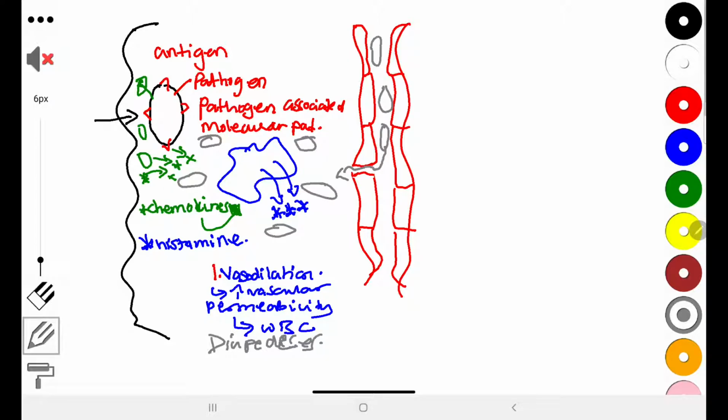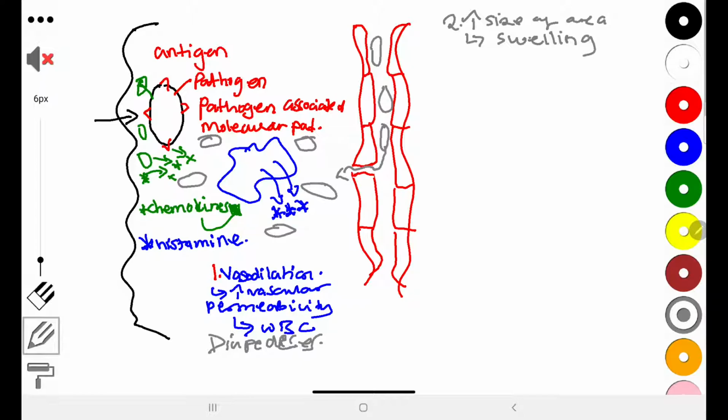Okay? And because of that, number two, the thing that we're going to note is that there will be an increase in size. So the white blood cells have gone to this area of inflammation, and you will notice that there will be an increase in the size of the area. An increase in the size of the area can also be known as swelling.